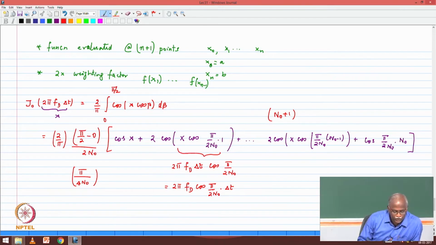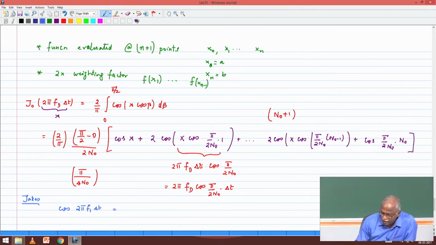It's not exactly. So what was the expression that was used for F1, the first oscillator? Basically in the expression, what you would have got in the Jakes model, this is what you would have obtained. Jakes model, the first one would have been cosine 2 pi f1 delta t. Let's say if you wanted to approximate that, this would have been equal to cosine 2 pi fd. If you go back and look at the expression, it will be cosine 2 pi by n.